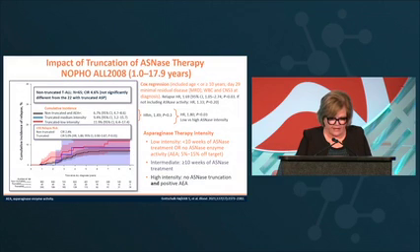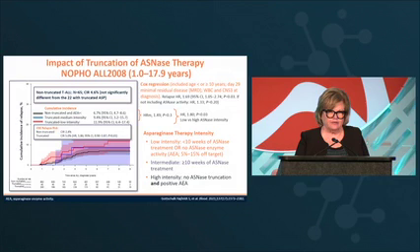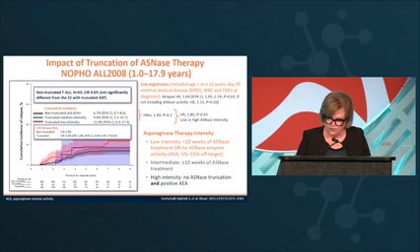And then those that had low intensity, meaning less than 10 weeks of asparaginase therapy, so they really stopped early, you can see their cumulative incidence of relapse is 11.9%. So we know that stopping asparaginase therapy can have a significant impact on the overall risk for relapse for our patients with ALL or with lymphoma.